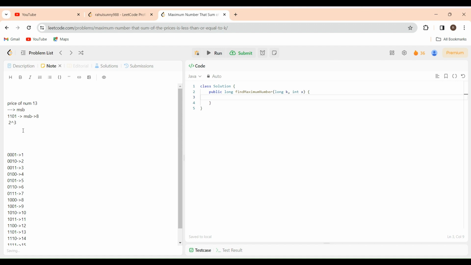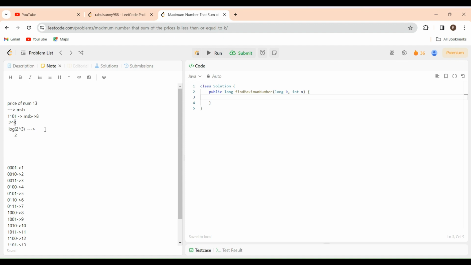If we do logarithm base 2, we will get the power at which our most significant bit is lying.